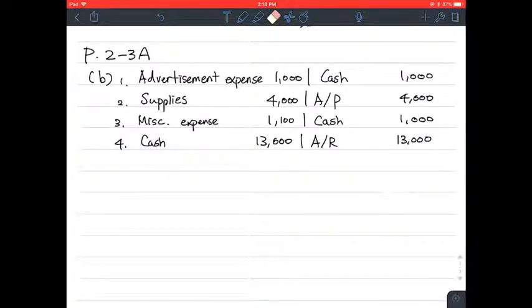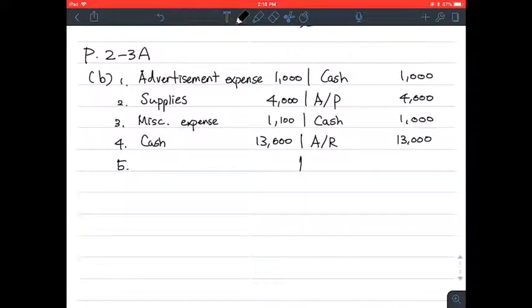Okay. Number 5, there was a transaction, cash paid to creditors for account payable due $15,000. So that means you're going to have to pay cash. You paid cash to your creditors, not to your customers.